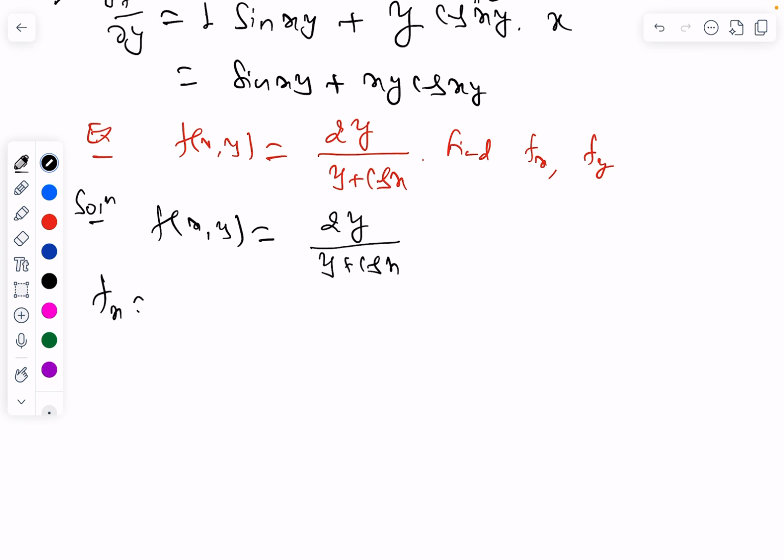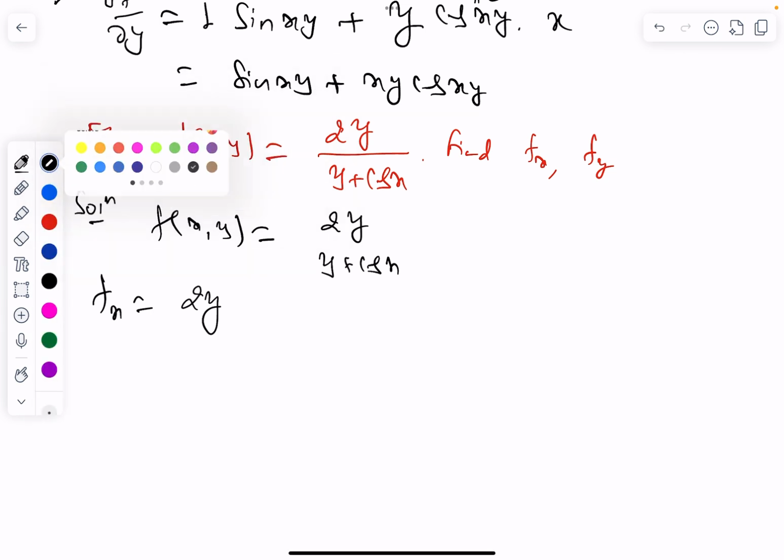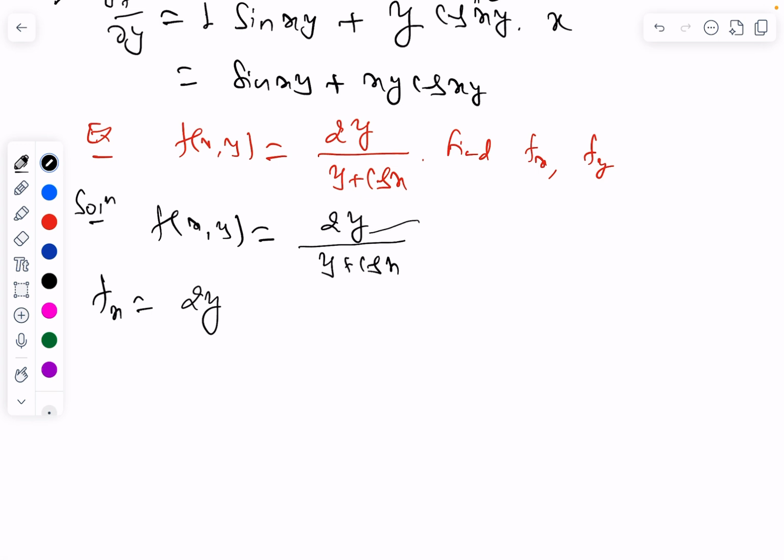Now f_x means derivative with respect to x, and with respect to x this 2y is constant. So it is of the form only this, 1 over y plus cosine x.